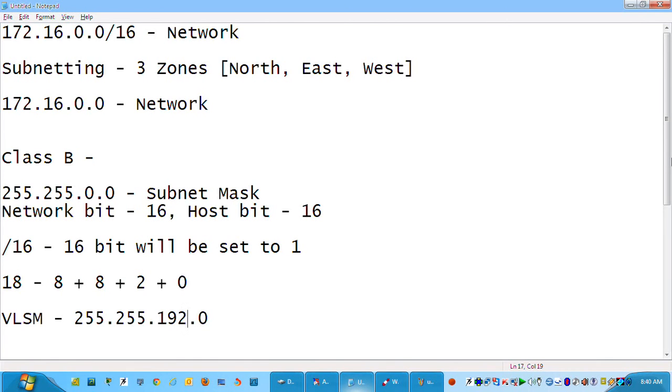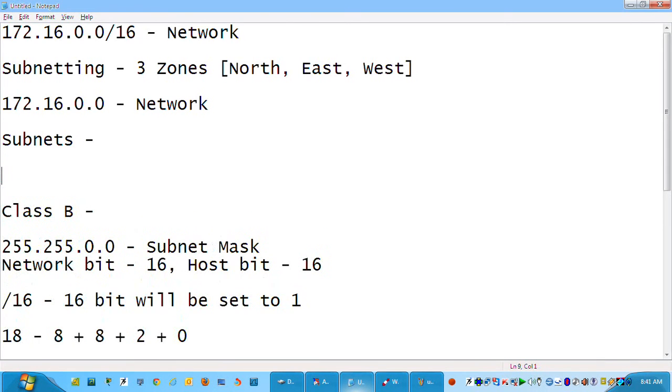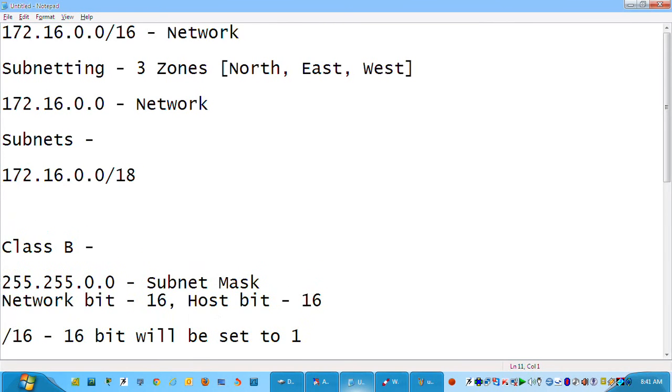So I will be getting 4 subnetworks. To calculate the subnets, I have to consider this particular network. In this network, I will be getting 4 subnets of /18. I will show you how I am getting it.